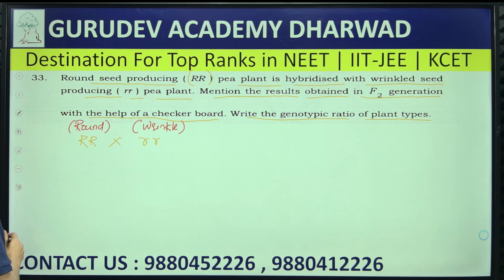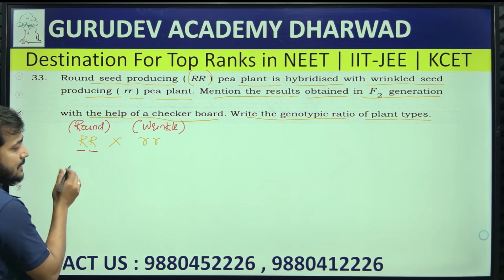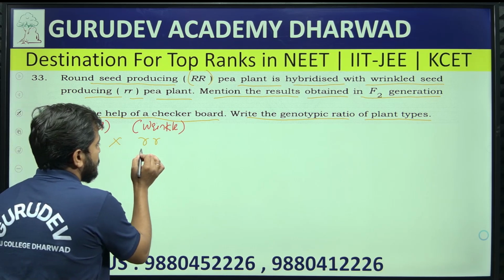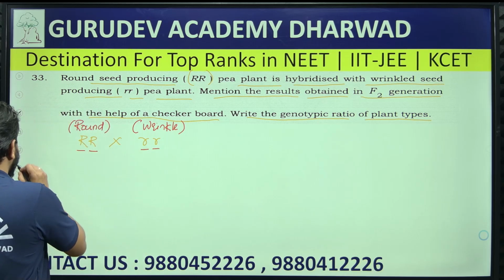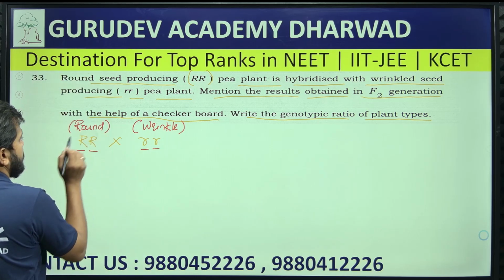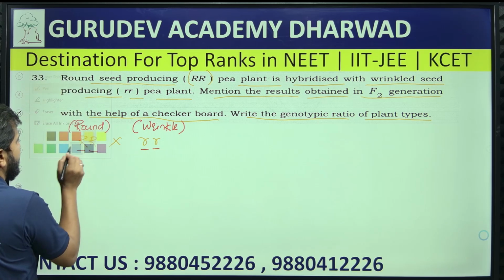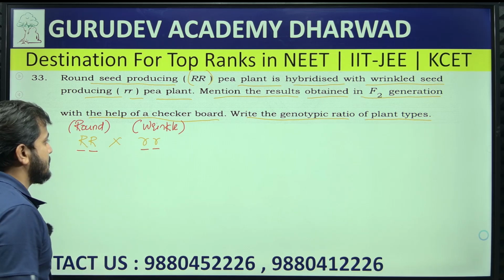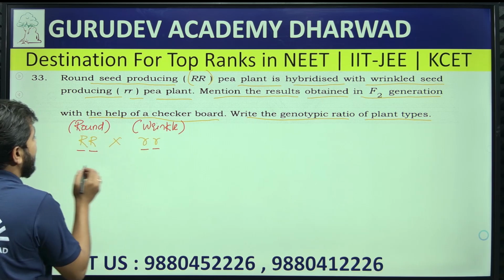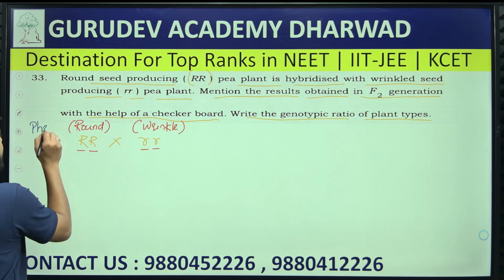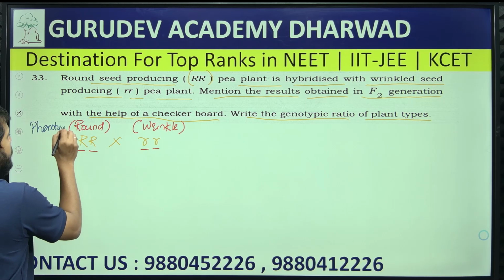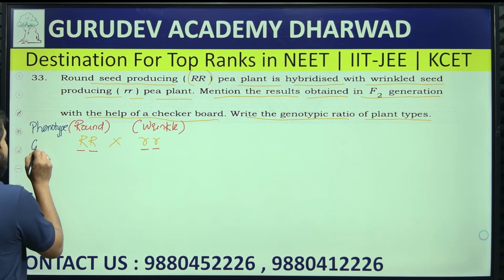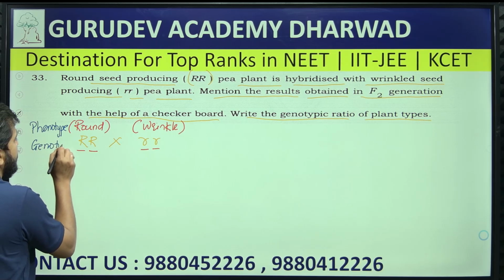Capital letters represent the dominant character, and small r represents the recessive form. So round and wrinkle are the phenotypes here, and capital R and small r are the alleles. Then what it is, is the genotype.